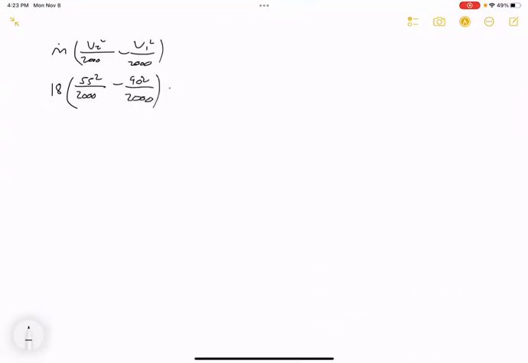Let's see what we get: 18 times (55 squared over 2000 minus 90 squared over 2000), and I'm getting minus 45.68, and this is kilowatts.